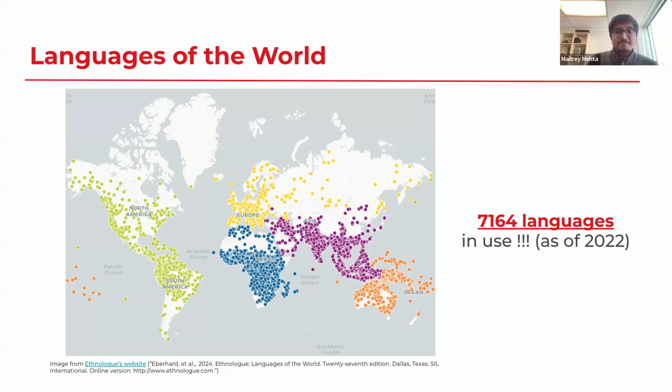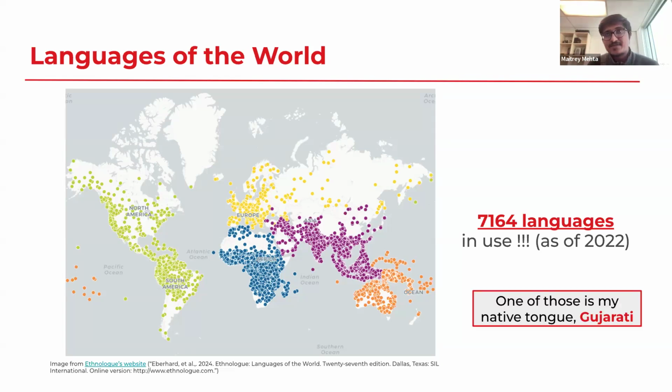So there are 7,000 languages in the world. One of them is my native tongue, which I love to talk about. It's Gujarati. It's spoken by 57 million speakers in the world. It's primarily spoken in the western part of India. And interestingly, it is the 23rd most spoken primary language in the world.